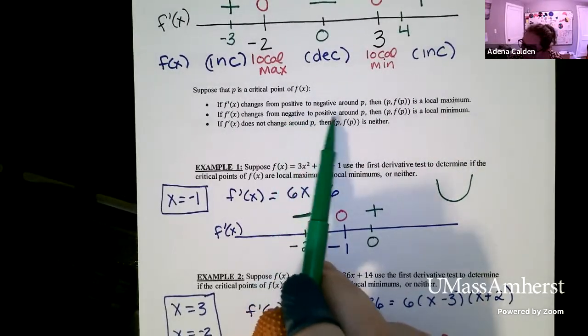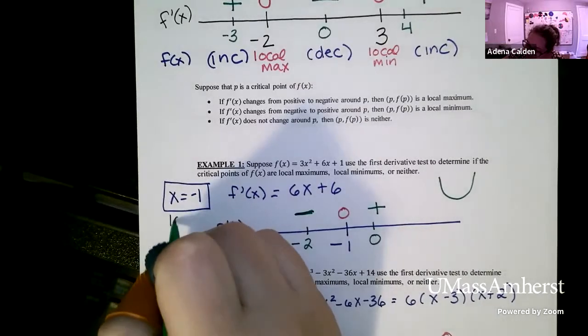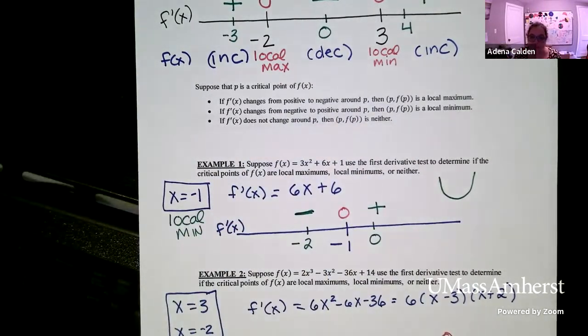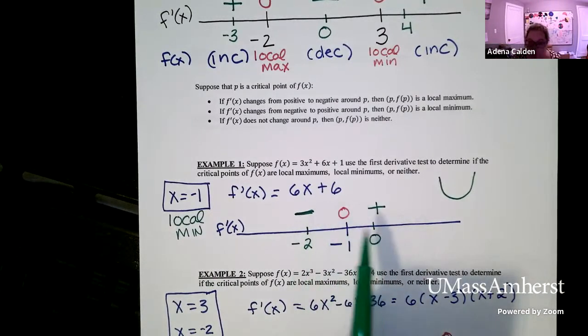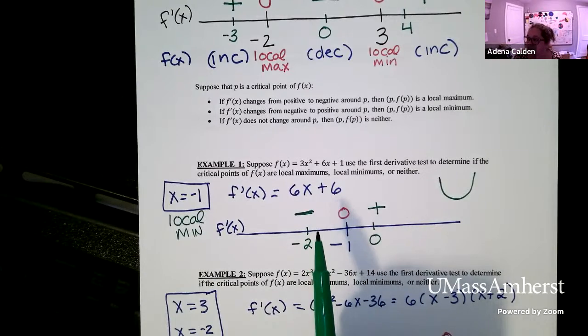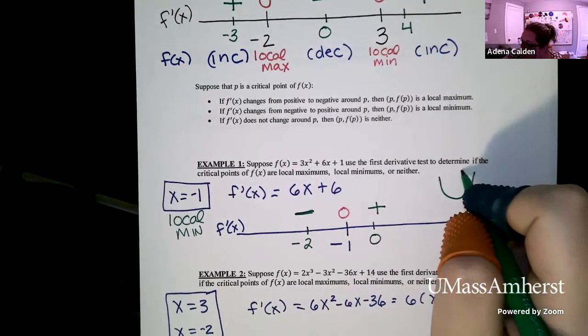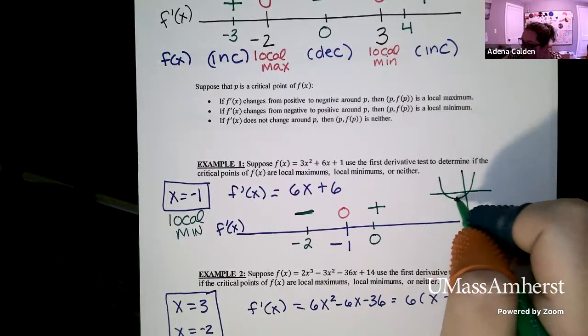If we go from negative to positive, then our critical point, which was -1, is a local minimum. Again, we're really interested in how this changes. And if you have your notes from last class, when we graphed this function, we found that it was a local minimum. It looks something like, if we put this here, right?